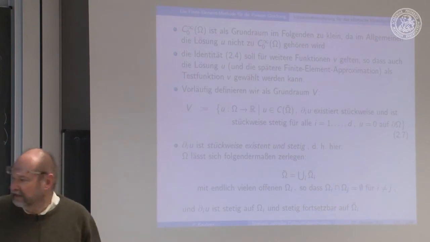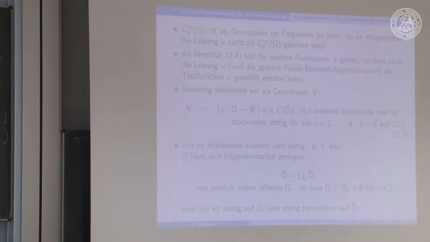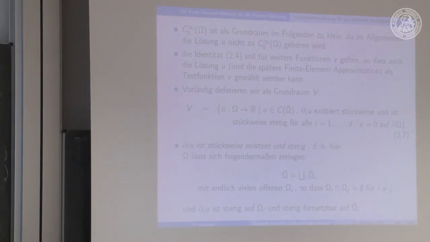That is the assumption. So in one dimension, let's say this is omega, this is my subdivision, and this would be, for example, a function which I would allow.